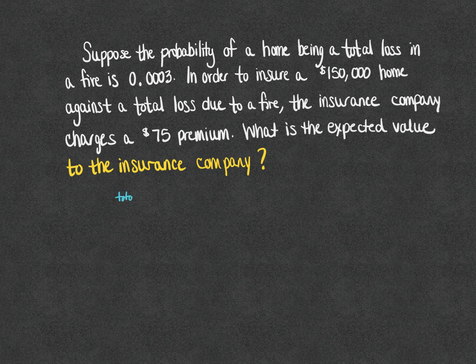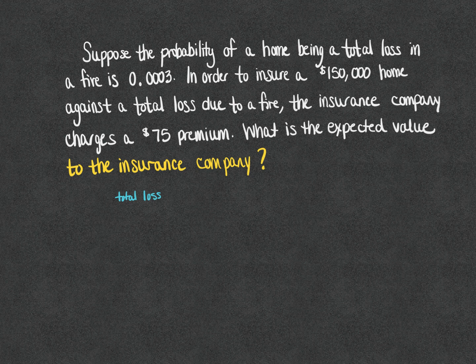So what could happen in terms of the insurance company? Well, there could be a total loss of the home. And in that case, the insurance company has to pay their customer the value of the policy, or $150,000, so that they can replace the home. But the insurance company did collect $75.